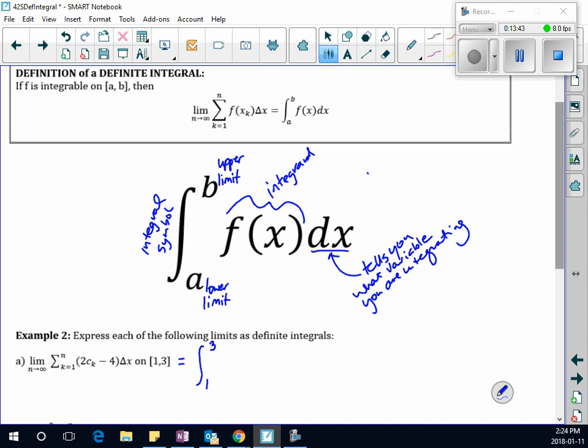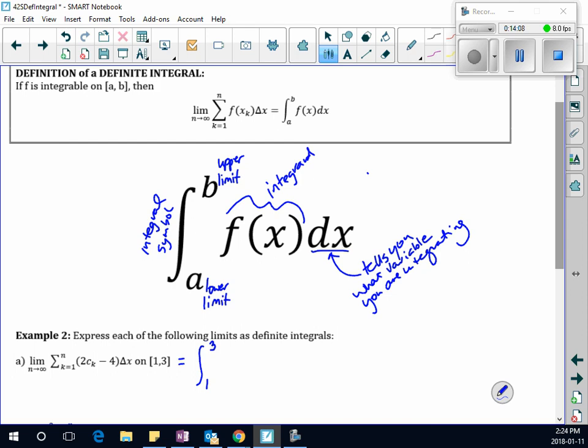It's saying plug your 1 in, times it by 2, then subtract 4, and that'll give you the height. This is the function value, which is this part right here. But it's telling you what to do there. Does everybody see that? So what's my function?